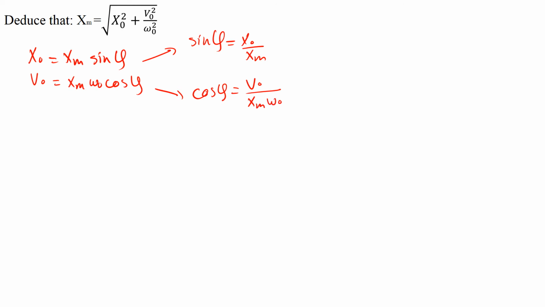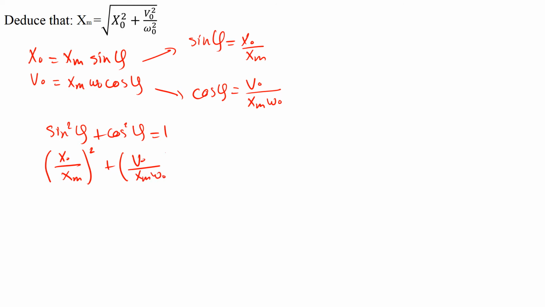We will use the trigonometric identity sine squared of the angle phi plus cosine squared of the angle phi is equal to 1. So we will replace there. It will be x0 over xm all squared plus v0 over xm omega naught all squared is equal to 1.